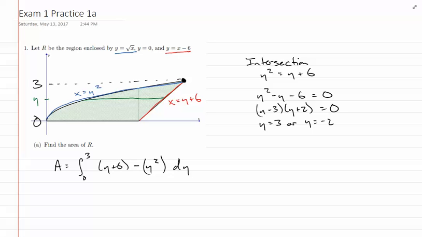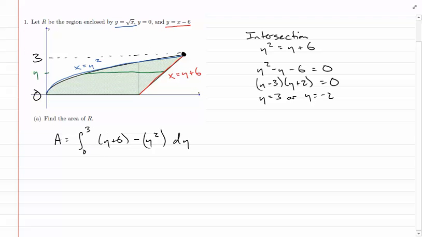In general, it's a good idea to put parentheses around those, although here you don't really need them. So if we integrate, the integral of y would be y squared over 2, the integral of 6 would be 6y, the integral of y squared would be y cubed over 3.